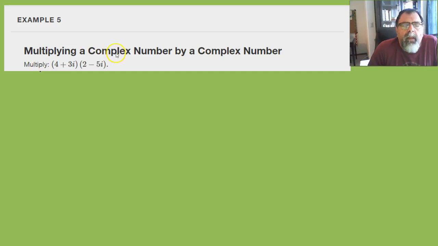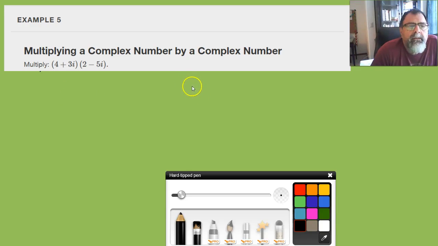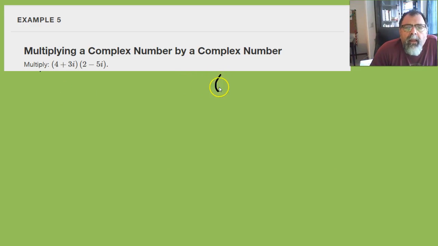Example 5, multiplying a complex number by a complex number. So we're going to multiply two complex numbers in a plus bi form. Again, the way that I typically have my students do this is if I gave you 4 plus 3i, and just pretend it was an x for a moment, and 2 minus 5x, and you saw this, right? A binomial times a binomial. You're going to use the FOIL method. You're going to distribute.